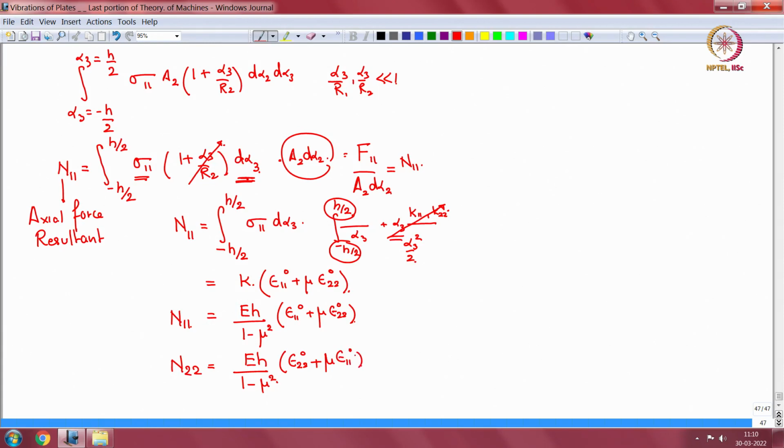Okay. There is E over 1 minus mu square in front, this term is 0, this is a constant, and the integral of d alpha 3 becomes h over the limits minus h by 2 to plus h by 2, that is why this h comes in here. Okay.